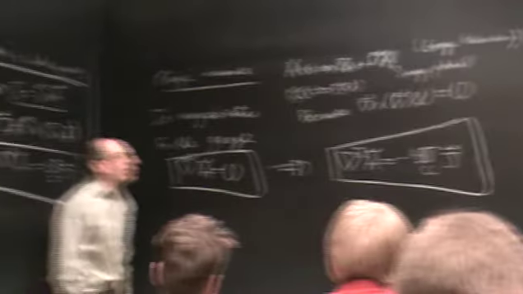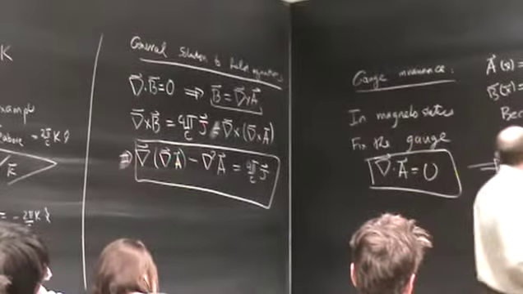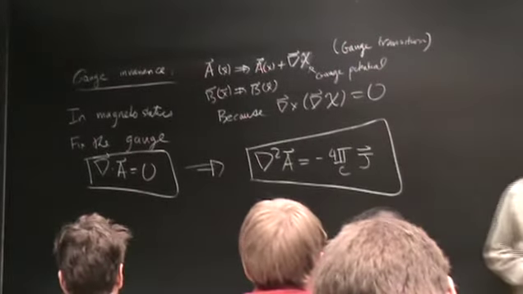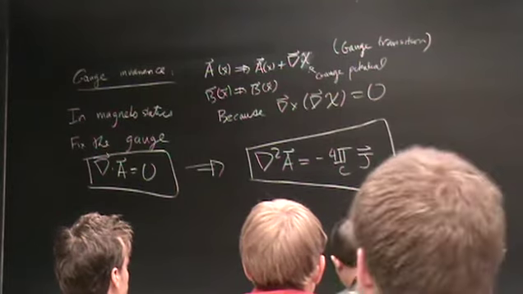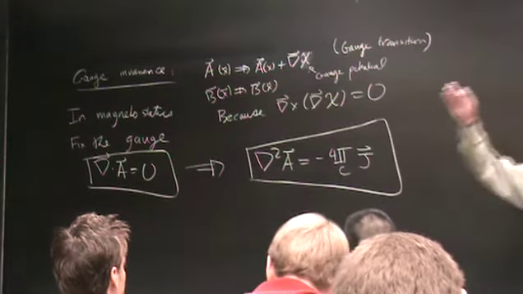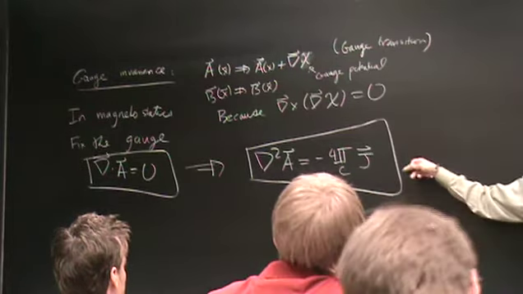So this equation is the gauge with del dot A being 0. And in fact, remember last lecture we had this equation. The Biot-Savart law kind of had that buried in there.